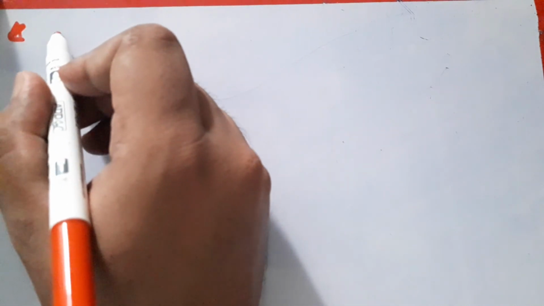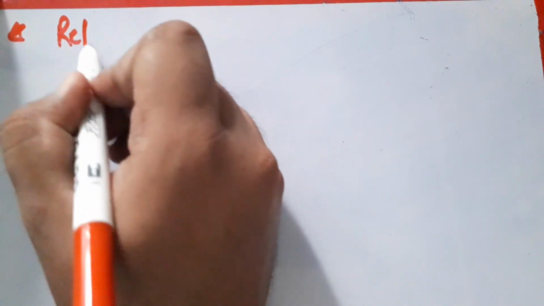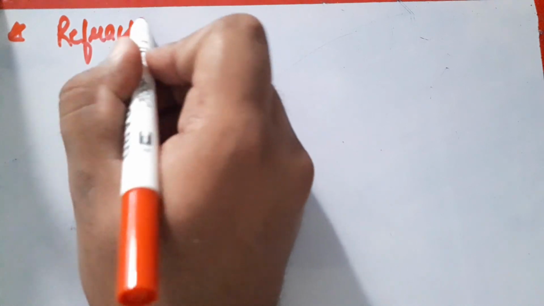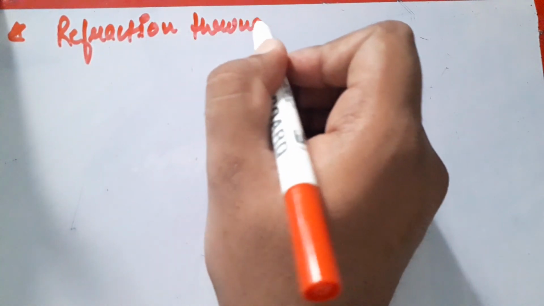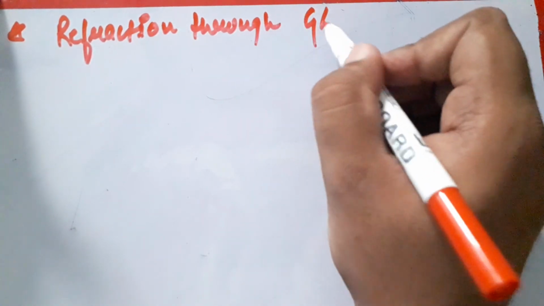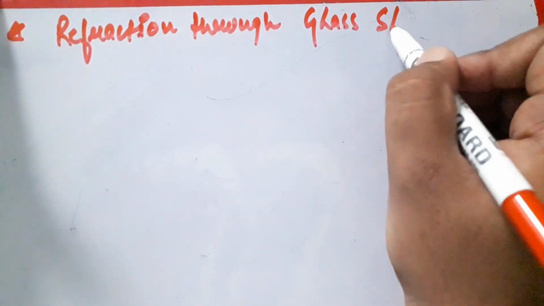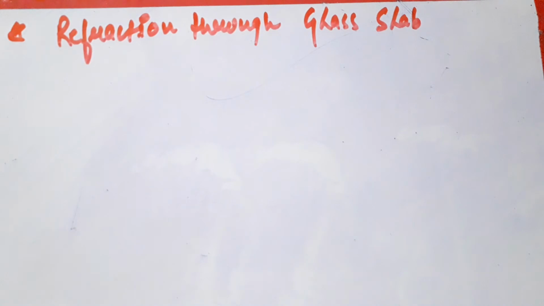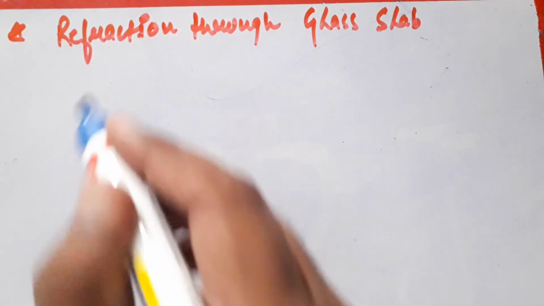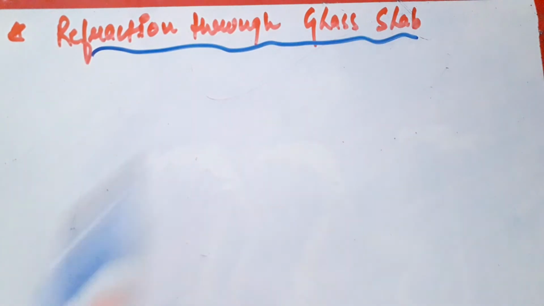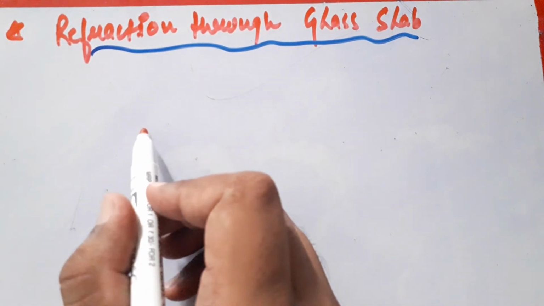Now we are going to study a very important topic which is extremely hot spot from the board point of view, that is refraction through a glass slab. In this particular glass slab, first I will draw the diagram of the glass slab.